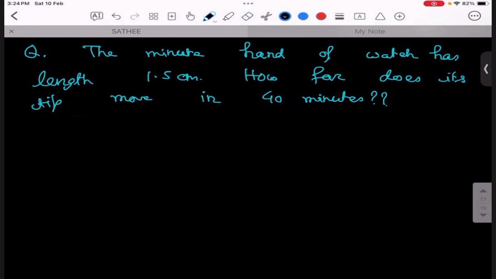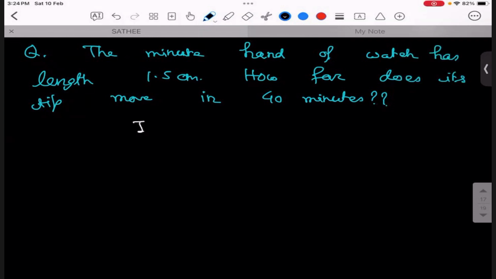Now usually a minute hand rotates a full revolution in 60 minutes, right? So in 40 minutes, how much revolution should it complete? 2/3 of the complete revolution.